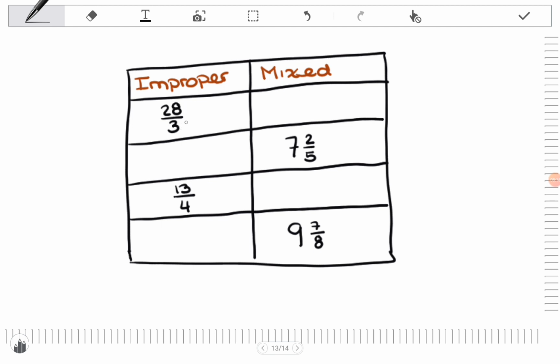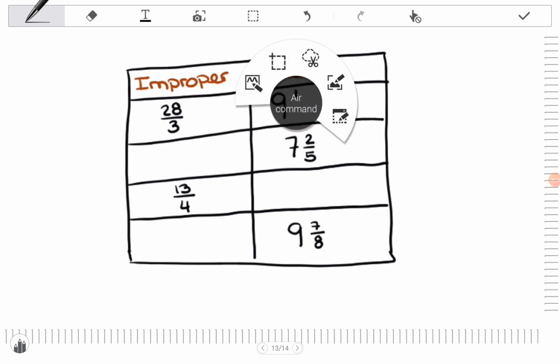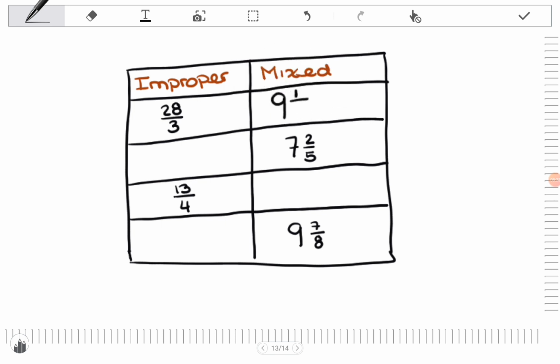Or 3 times what is close to 28? Let's think about it. 3 times 9 is 27, right? So that's the one that is going to work. 3 times 9. But we had 27 and we wanted to get to 28. So we're missing one number. And what happens with the denominator? It's the same, so it's going to be 3. Easy peasy, right?